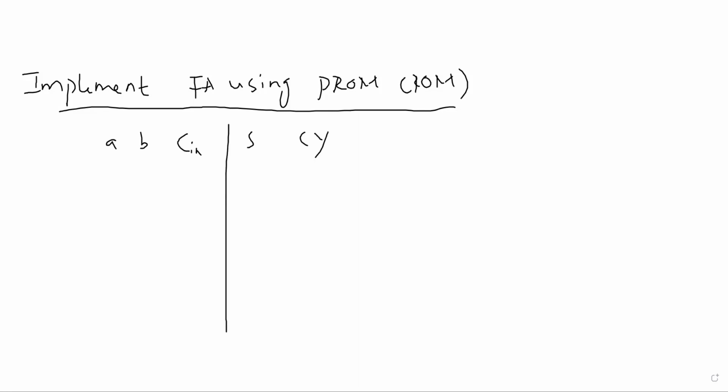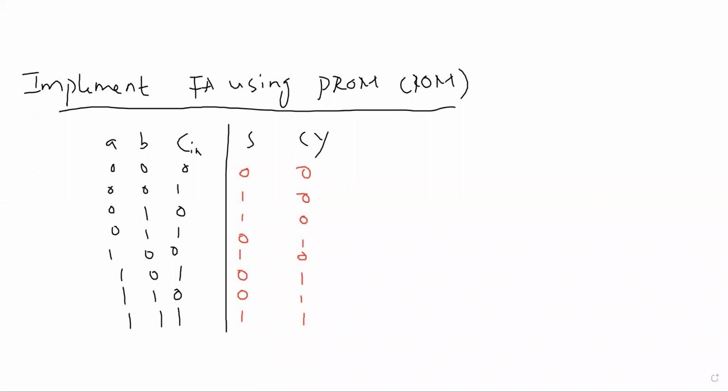Since we have three inputs, we can form 8 combinations. I am going to write the 8 combinations here. This is the truth table of the full adder. Now I write the sum of minterms for the two outputs, sum and carry.